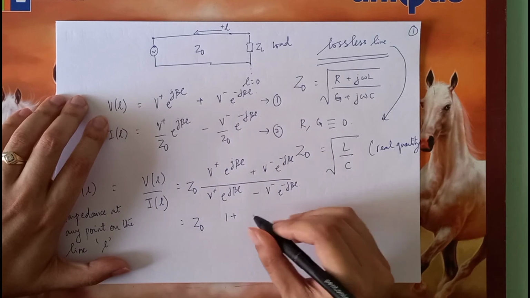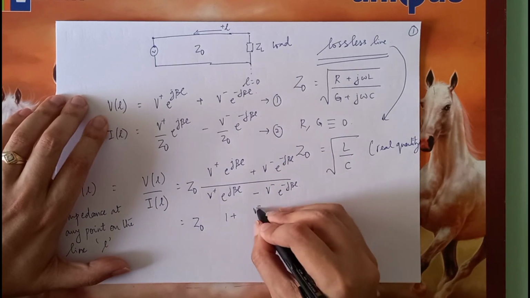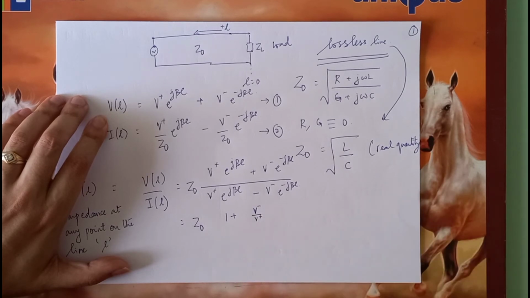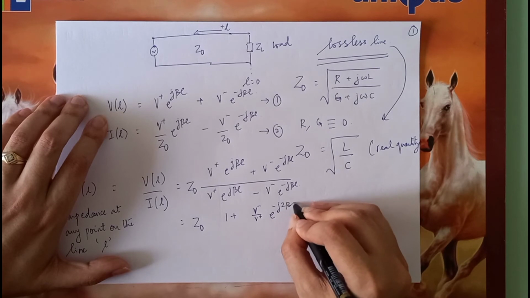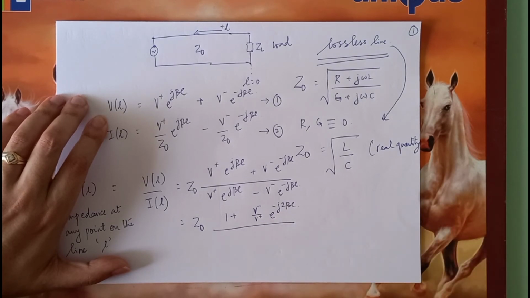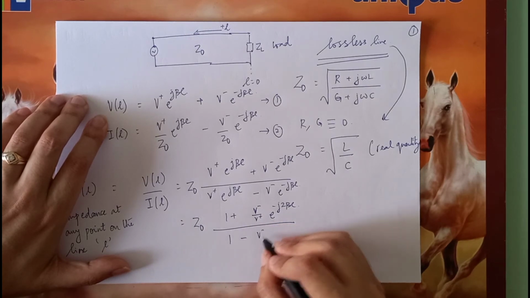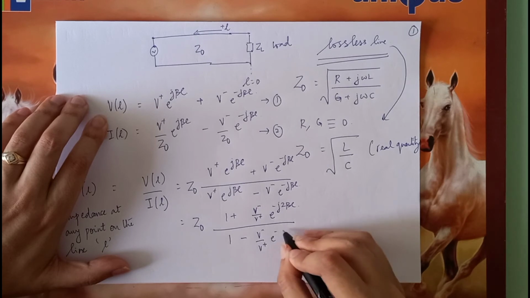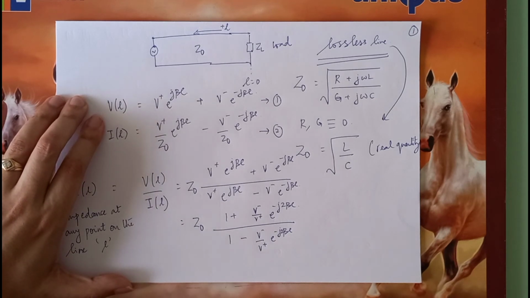So effectively we can write this divided by 1 minus the same term with e raised to j 2 beta L. Yes, this is something that we can write.